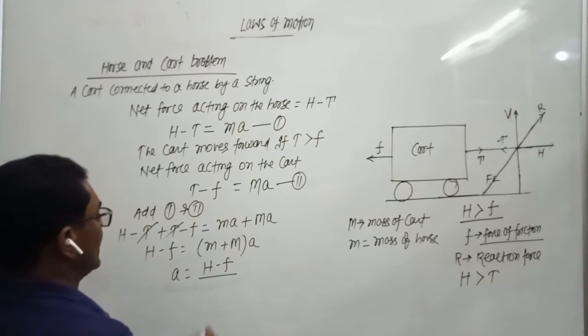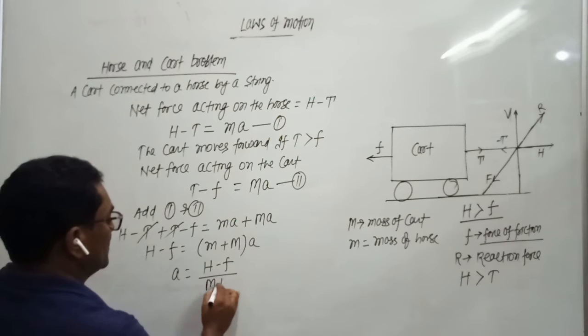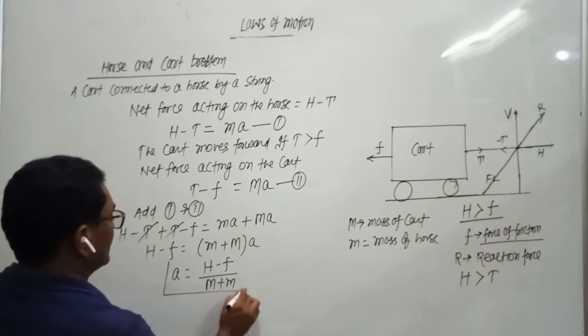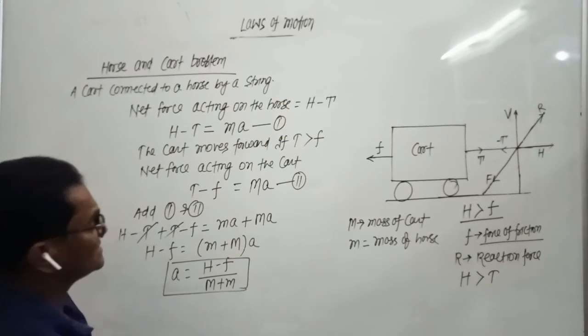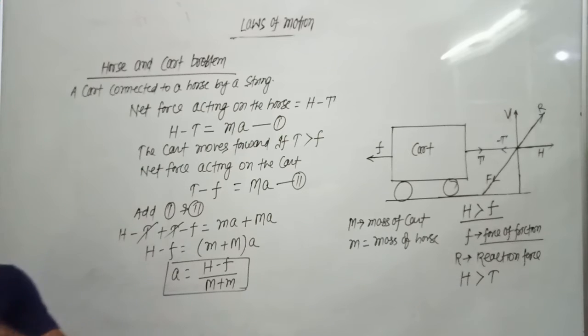A equals H minus F upon m plus M. This is the acceleration by which the cart moves in the forward direction.